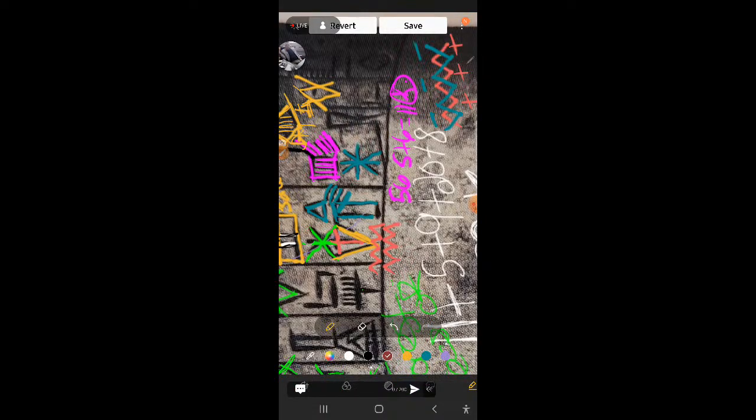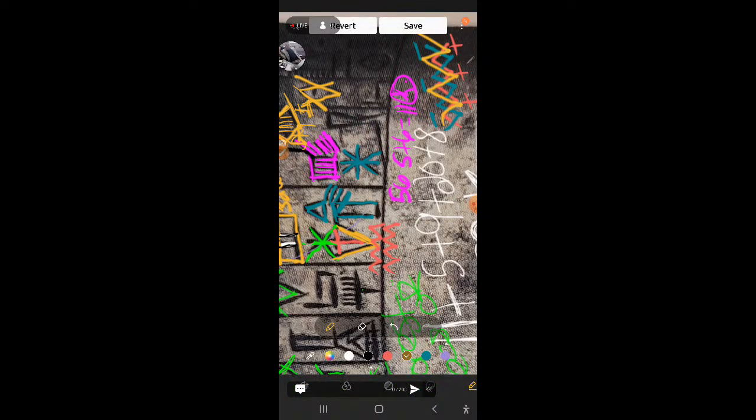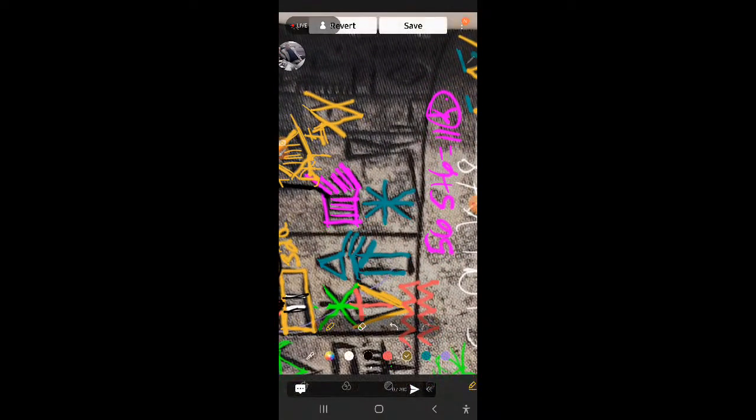So it could be like a cycle. So it goes from negative, positive, negative, positive, negative, positive, negative, positive. Could very well mean something like that. I definitely see a pattern in it. I pay attention to patterns, obviously.